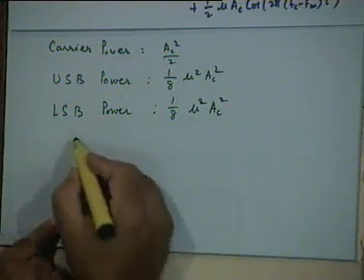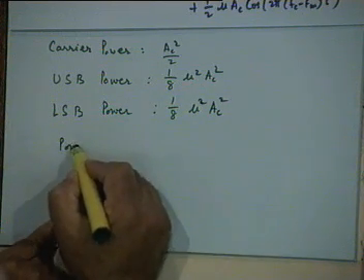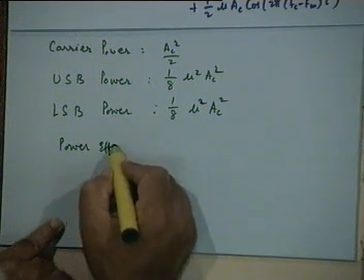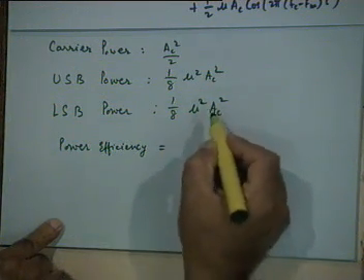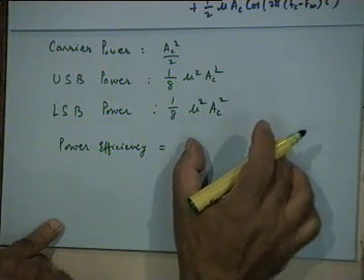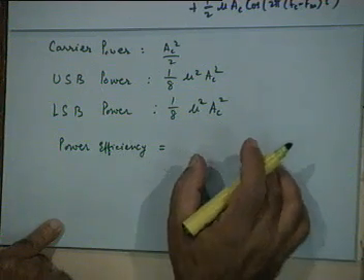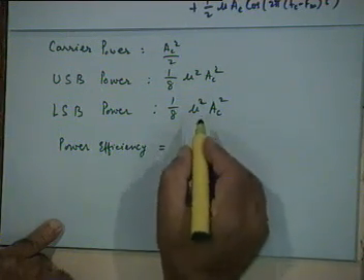And then you can calculate the power efficiency now. What is power efficiency? How should we define power efficiency? The useful power transmitted as a fraction of the total power transmitted. What is the useful power transmitted here?